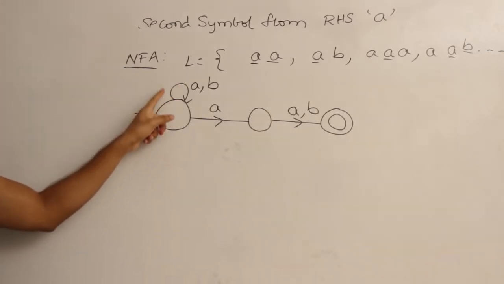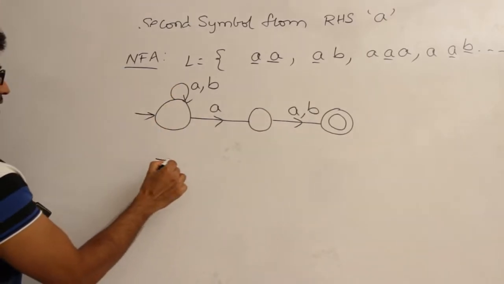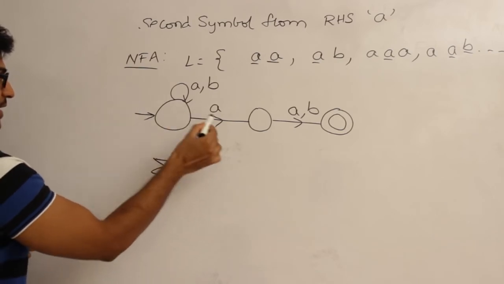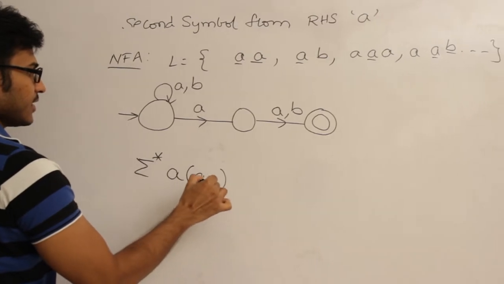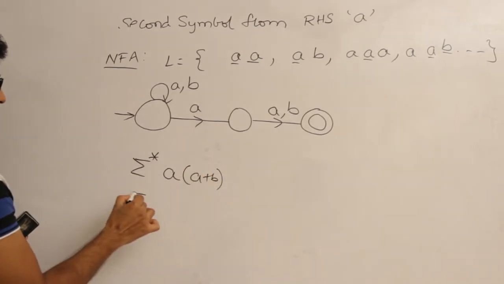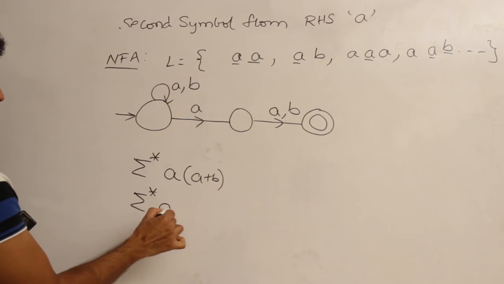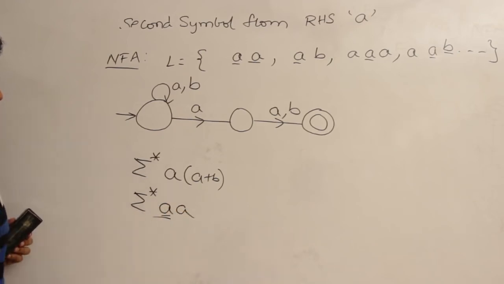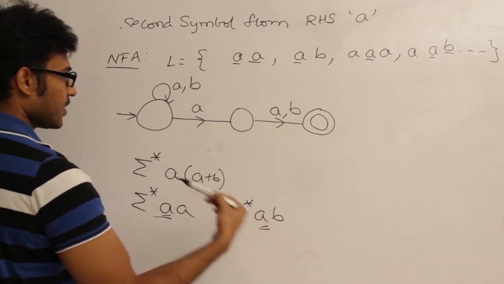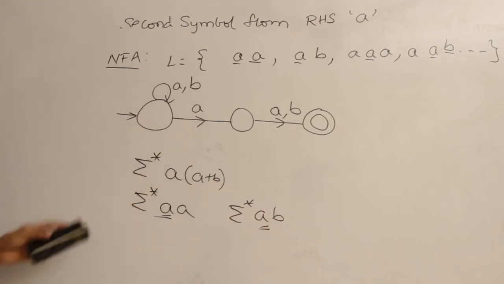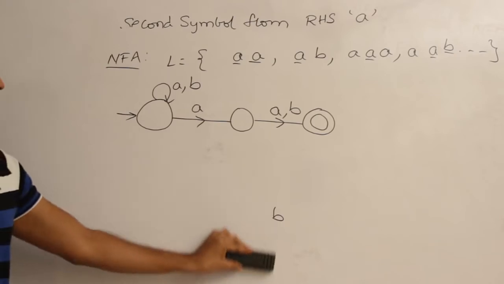Initially I can see anything, and then it has to be A, and then it can be either A or B, which means sigma star AA, which means the second symbol is A, or initially it can be anything and then sigma star AB. So this is simply the NFA, and constructing it is very easy.